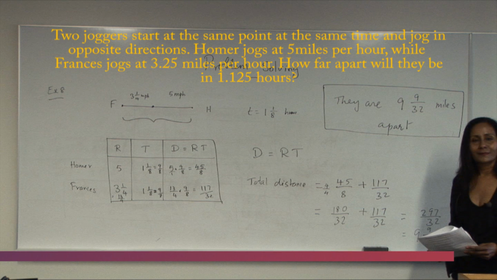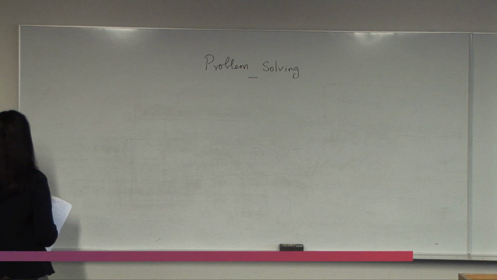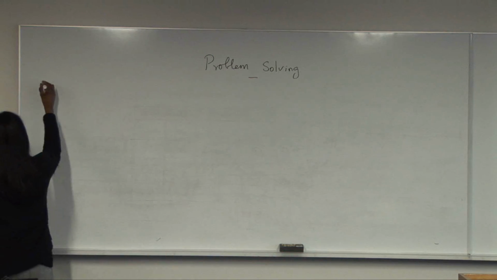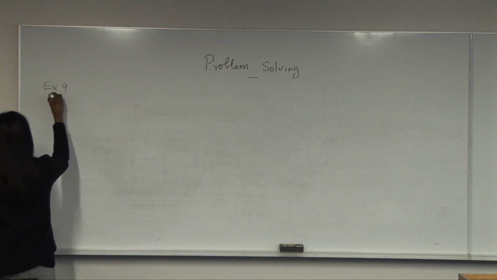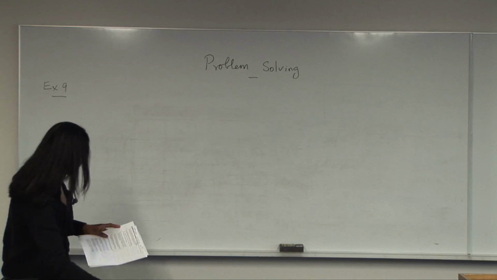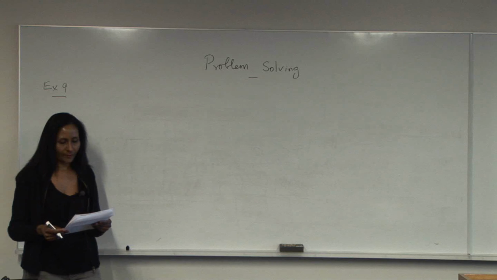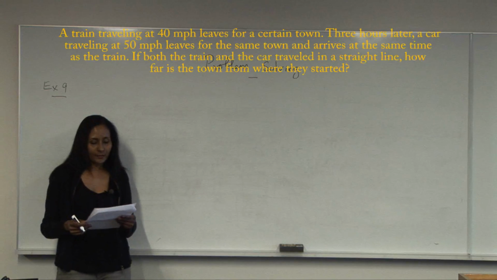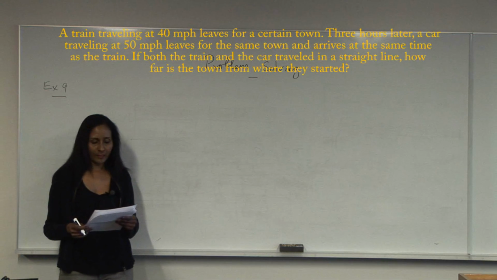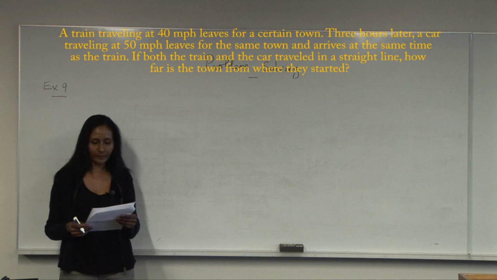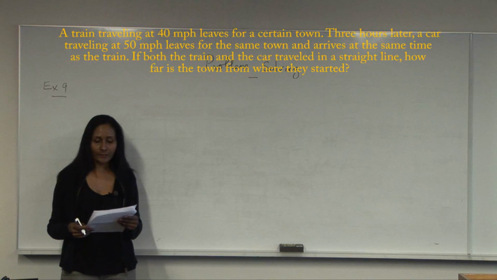Example 9. A train traveling at 40 miles per hour leaves for a certain town.